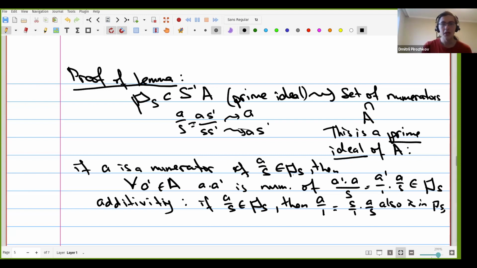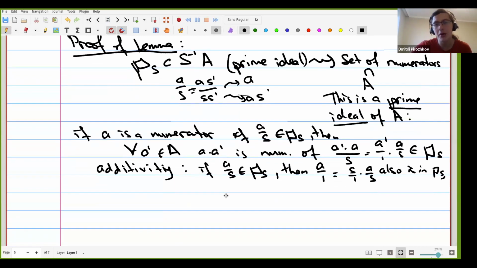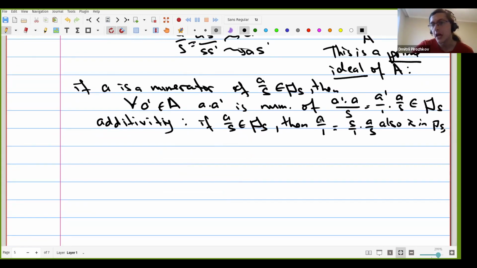So if you have a and a' and they're both numerators, then a/1 and a'/1 are also elements of P_S. And so their sum will be (a + a')/1. Hence, it is closed under sums.